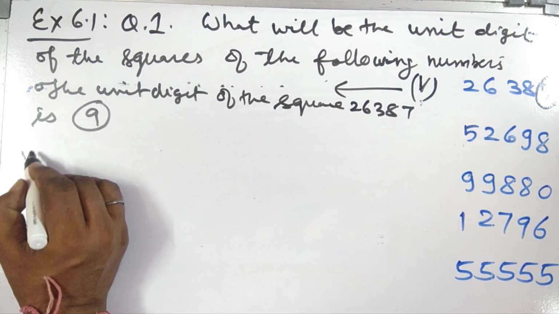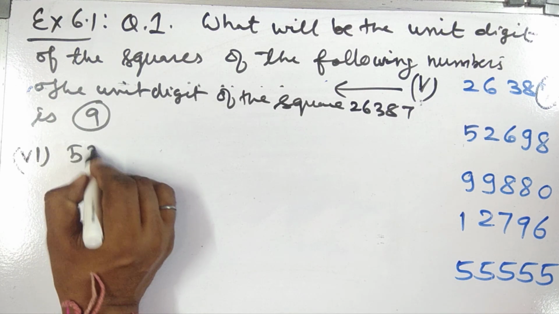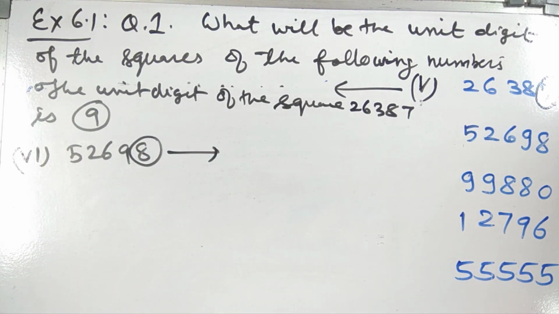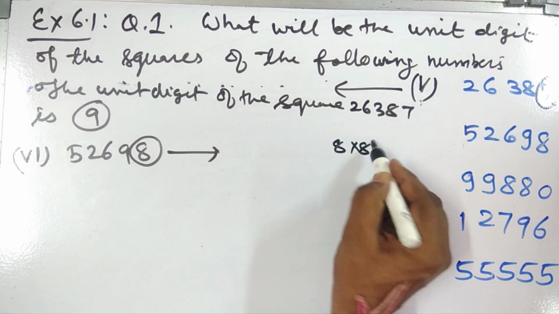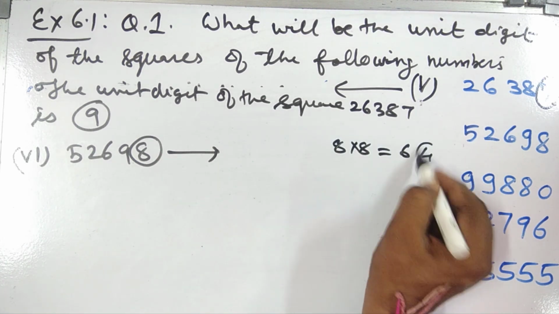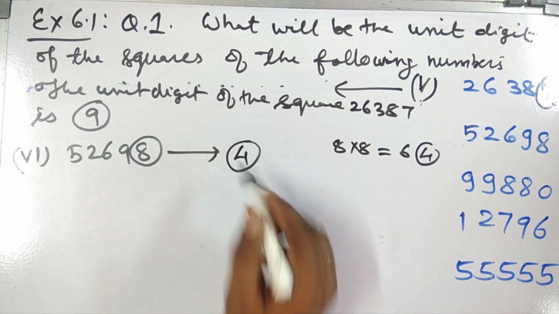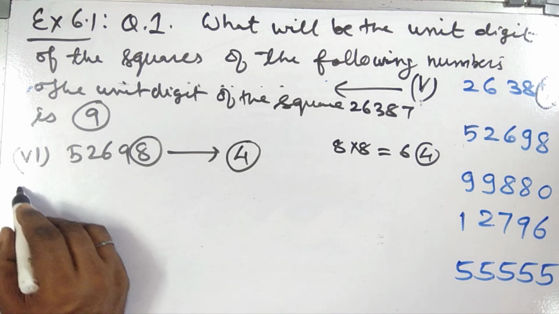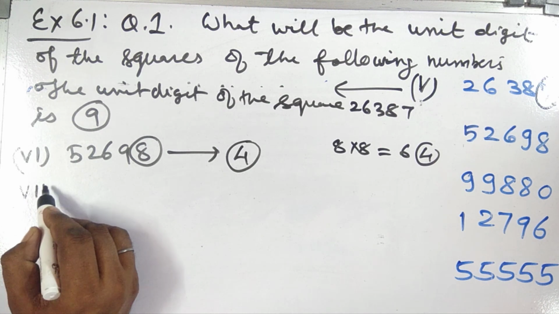Then next, sixth one, students, 52698. In the unit place, students, 8 is given. Then 8 into 8, 64. In the unit place 4. So students, the unit digit of the square number of 52698 will be 4.